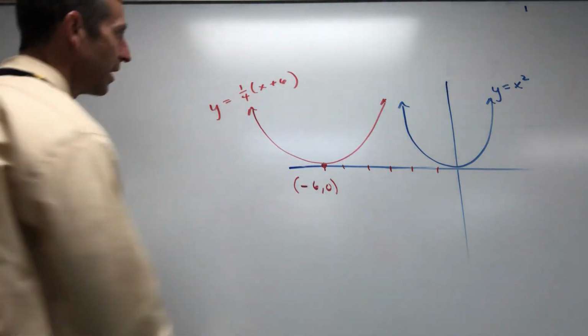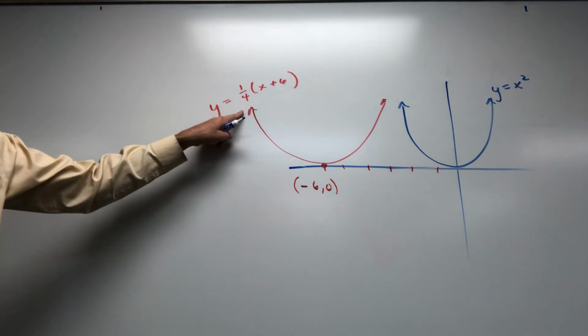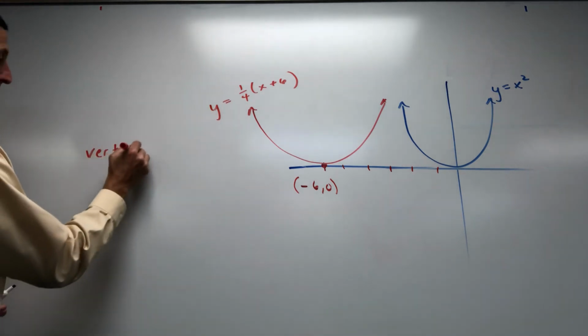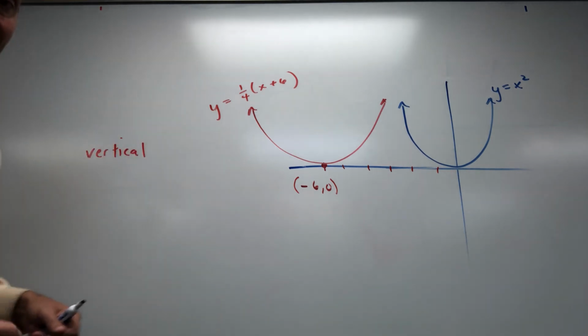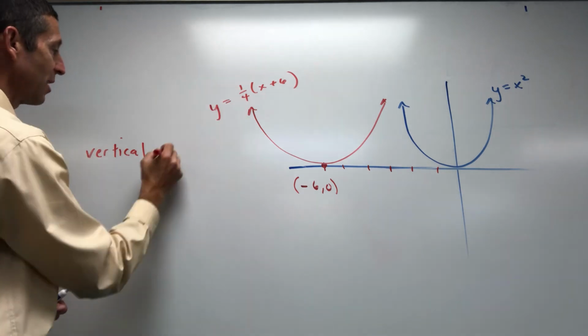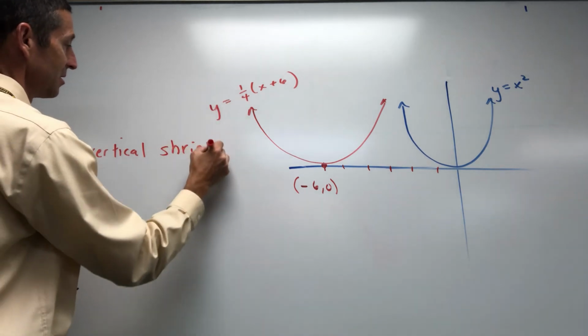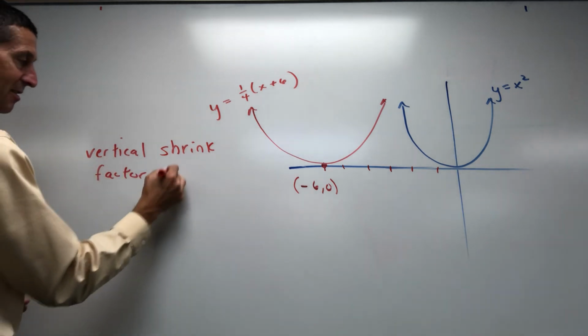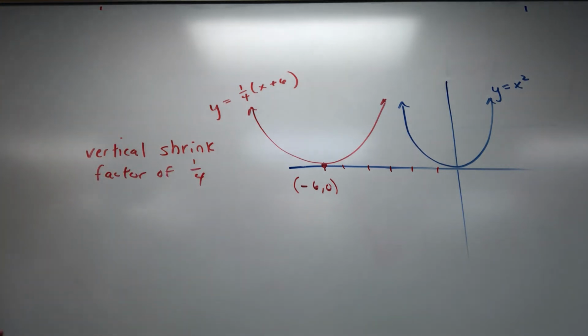So there's my graph. I've got 2 pieces to describe. So I have a vertical, and a question of the day. Is it a stretch or is it a shrink? So this one's a fraction. It's a shrink. Factor of 1/4. And then we did move this guy.